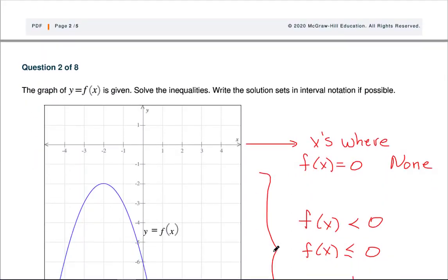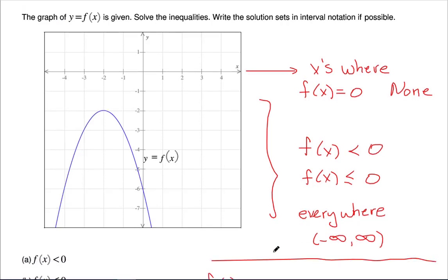Alright, so looking at question 2 here, what do I see about this one? Well, here's the x-axis. That would be places where f of x would be equal to 0. Well, the graph never touches the x-axis, so it's never going to be 0. The graph seems to always be under the x-axis.